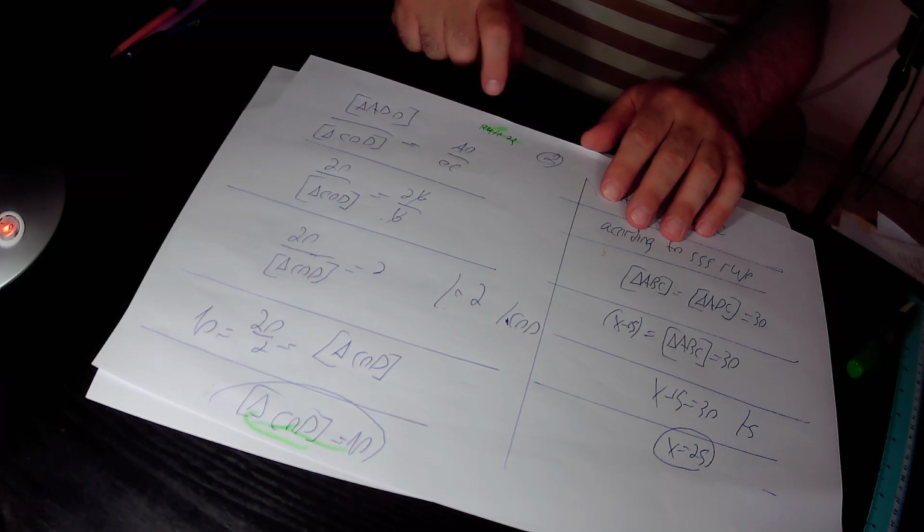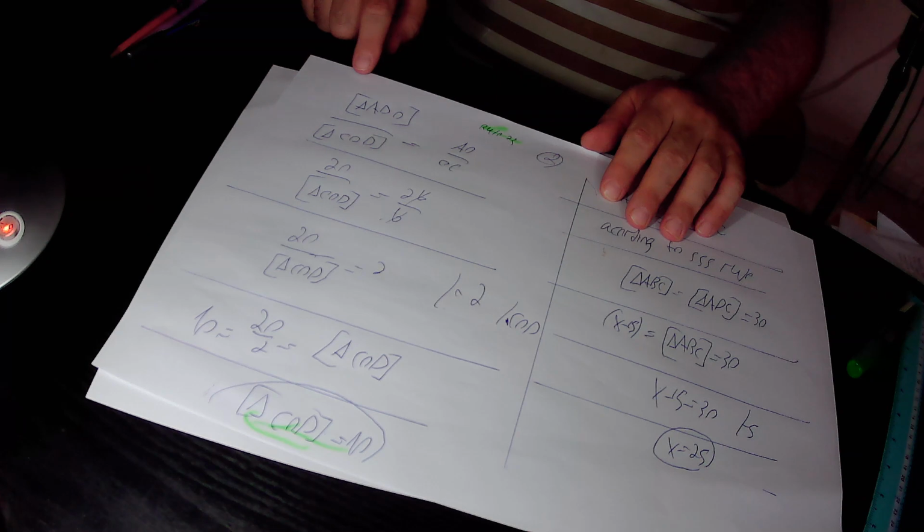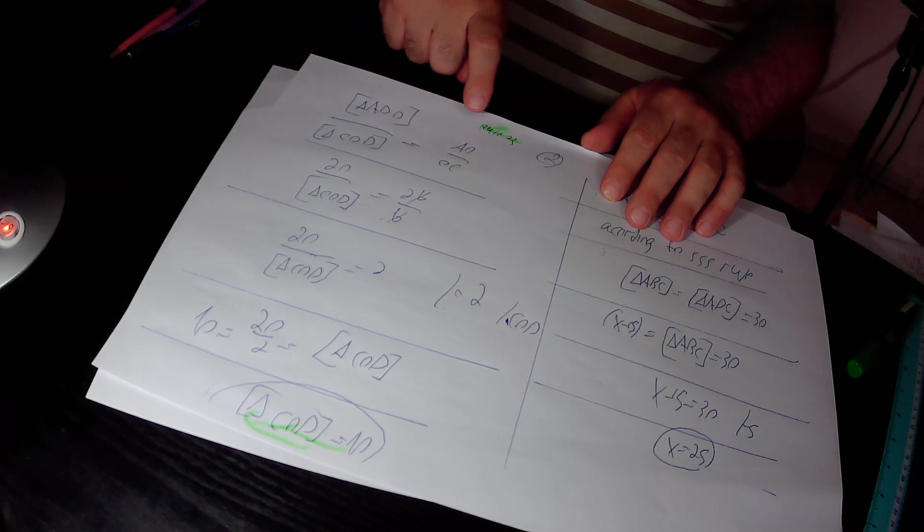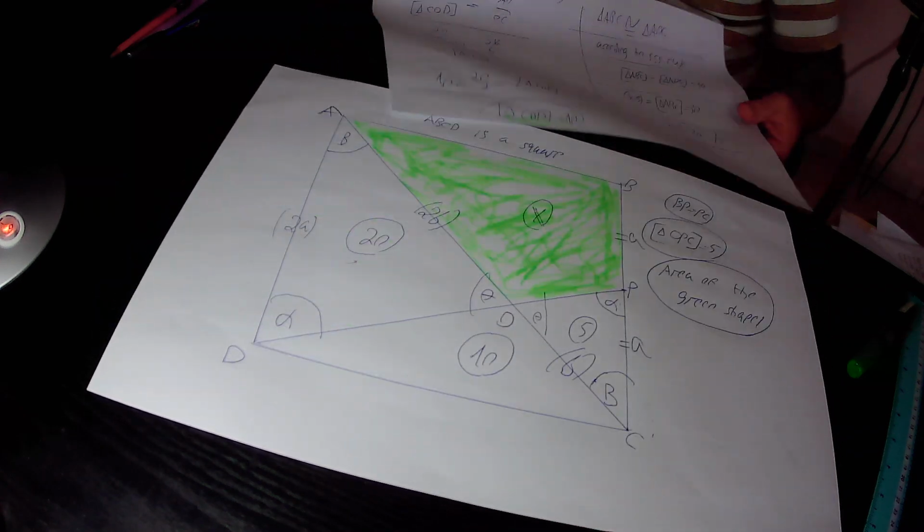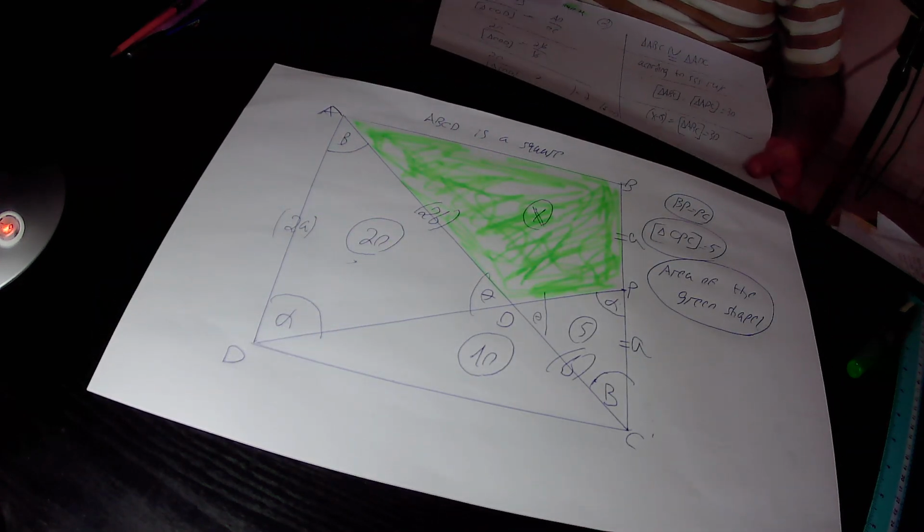So in total, we found out that the area of triangle ADO over the area of triangle COD equals AO over OC. We have already found out that the area of triangle ADO is 20 square units.